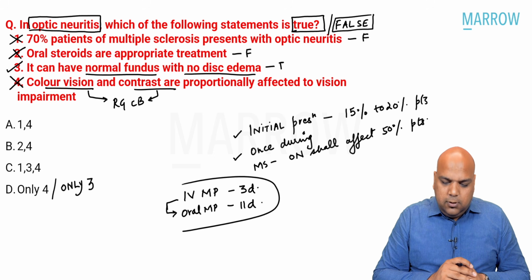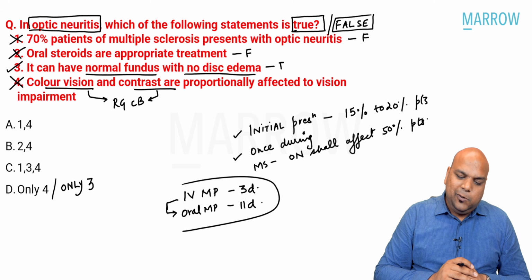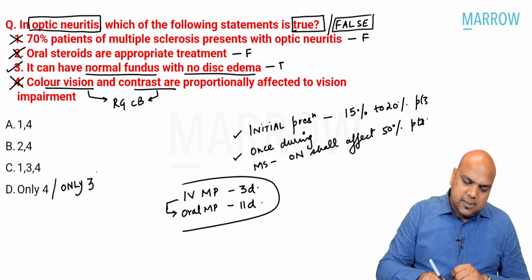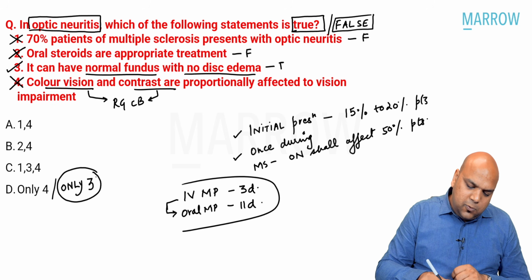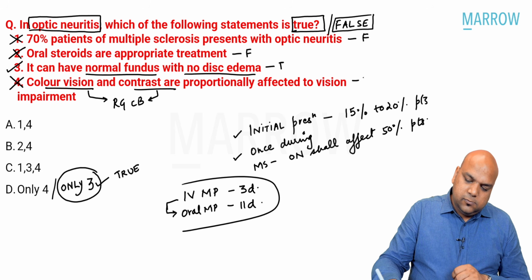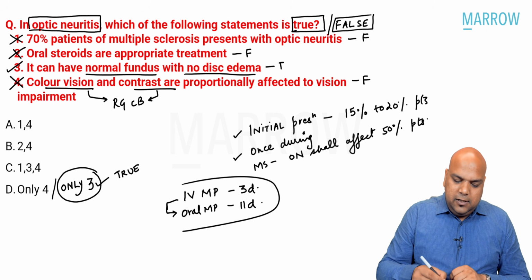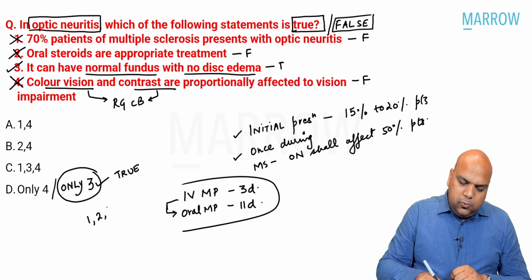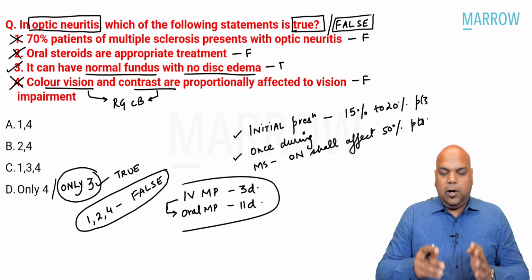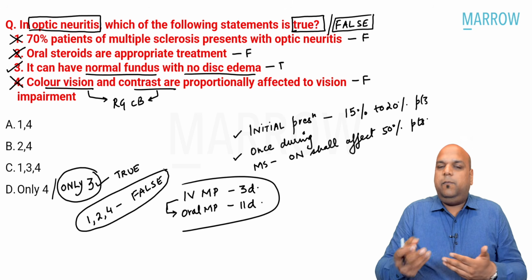Okay. So, if the question was in optic neuritis, which of the following statements is true? Then the answer is only option number 3 is true. Or the answer could have been 1, 2, and 4 are false. Any of the two. Again, the options may have been jumbled.